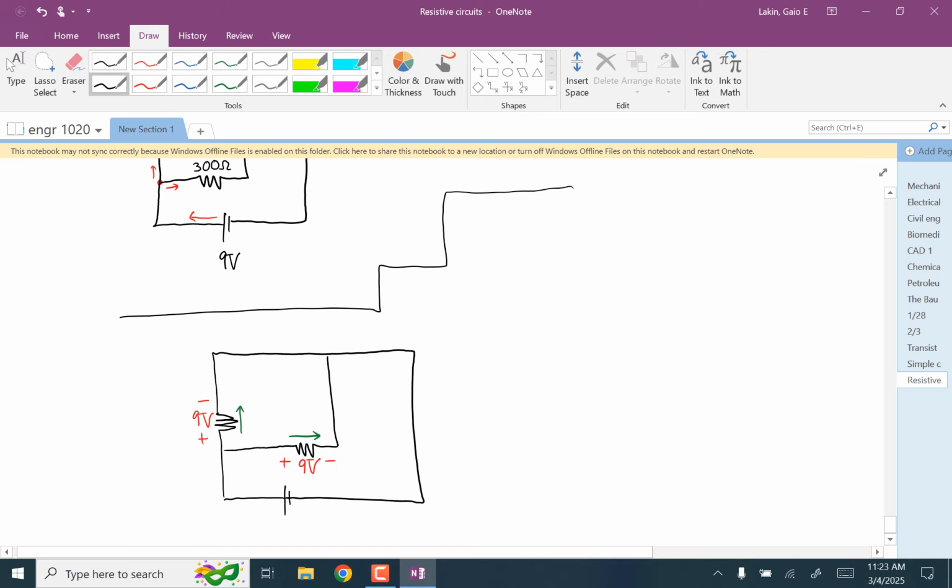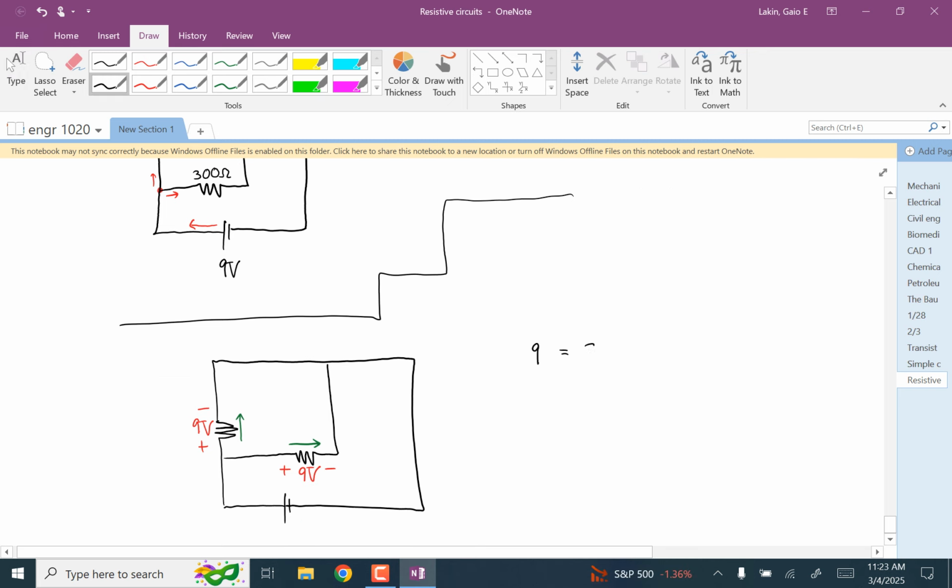So first we have that 9 volts is equal to 250 times the current through the 250 ohm resistor.